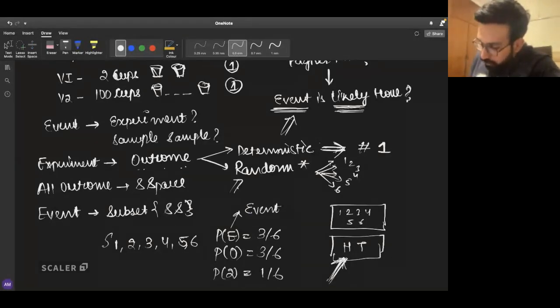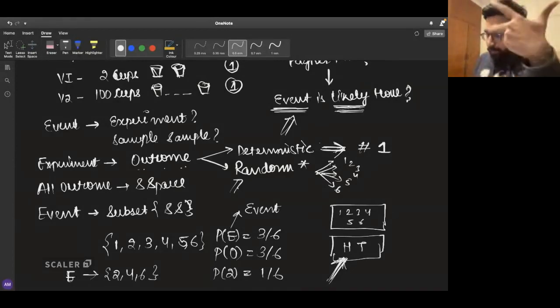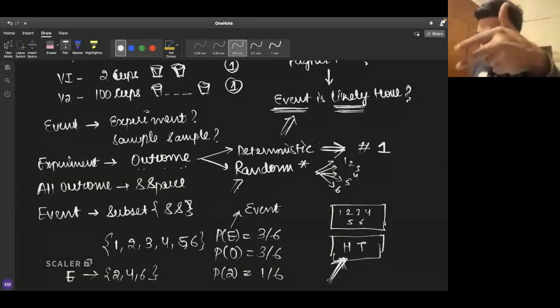1 2 3 4 5 6 together make a sample space, and if we are interested in getting an even number, the desired outcome is what will make an event. So here it will be 2, 4 and 6. So we have three things. We have an experiment. Anything which has an outcome will be an experiment.